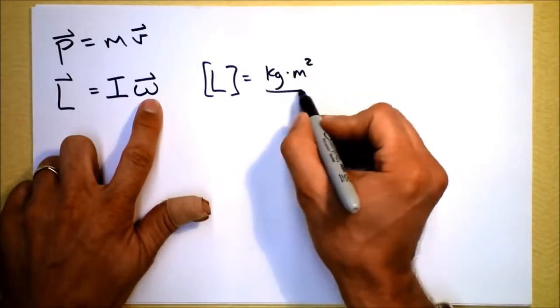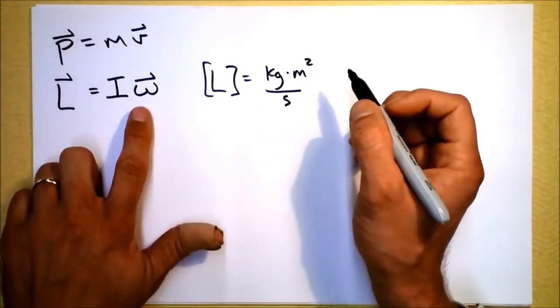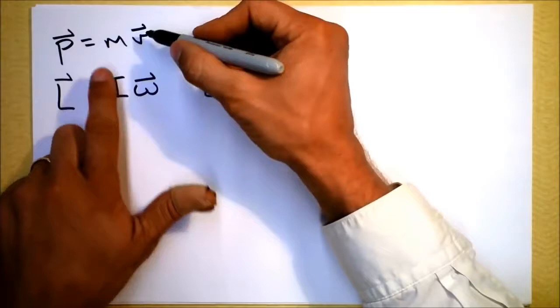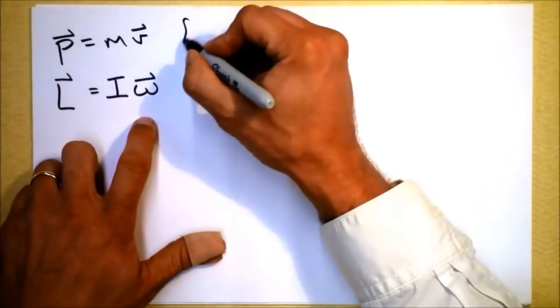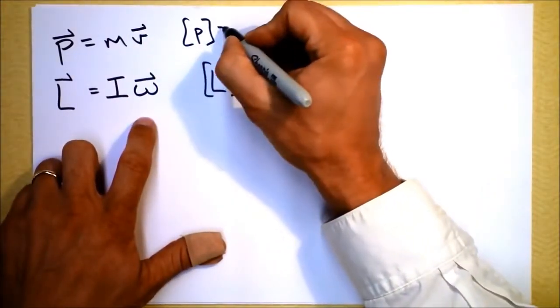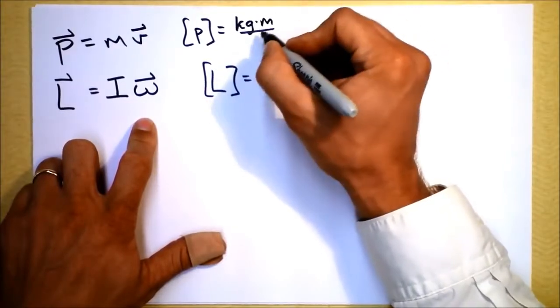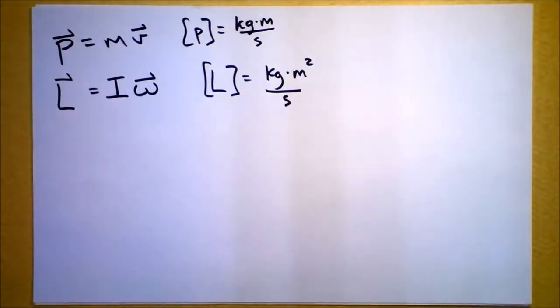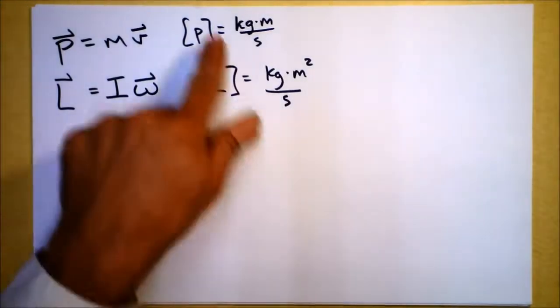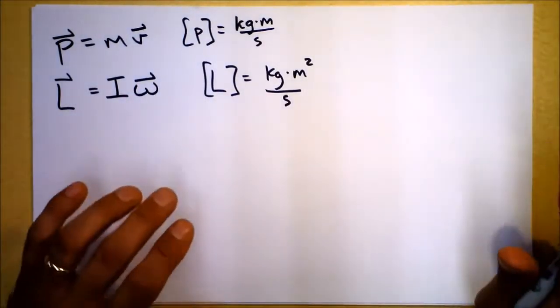Kilogram meters squared per second. Interesting. And the units of linear momentum, the units of P, are just kilogram meters per second. Kilogram meters squared per second versus kilogram meters per second. Okay, all right, that's fine.